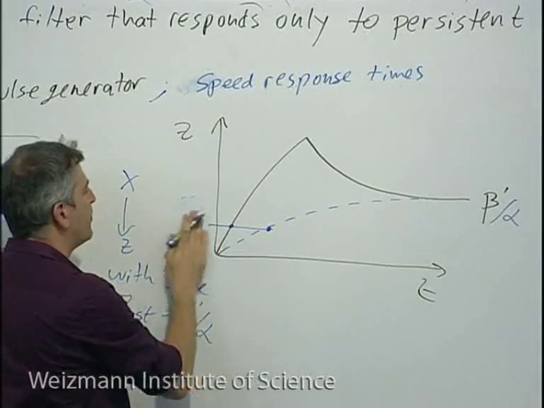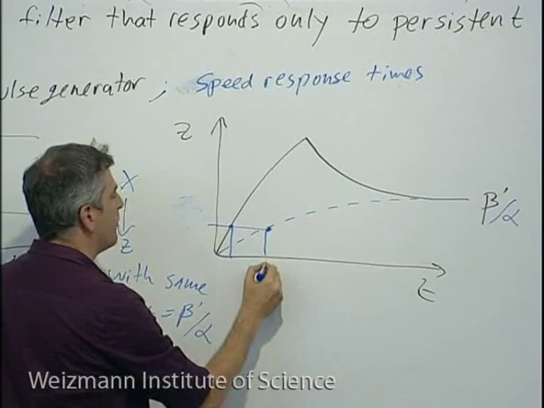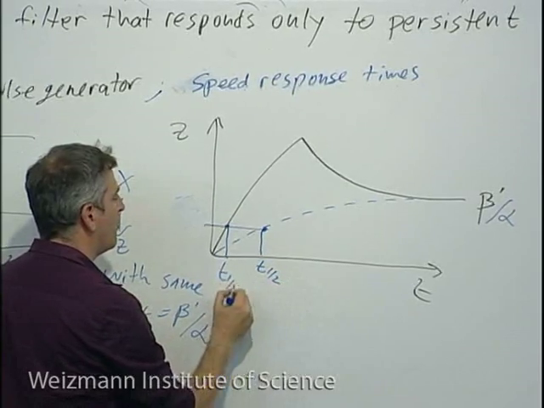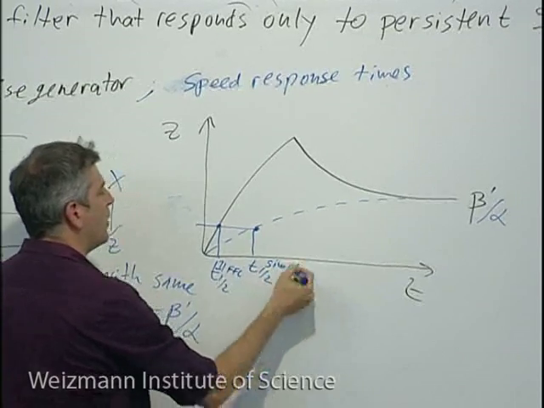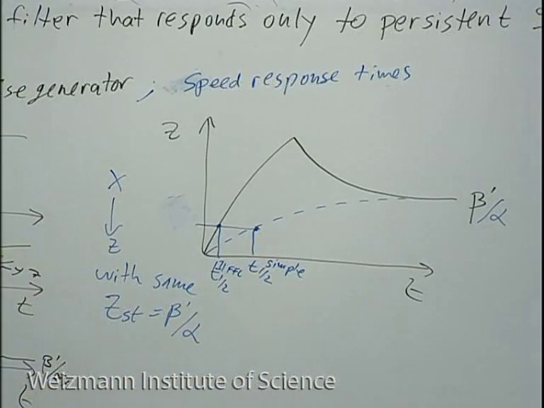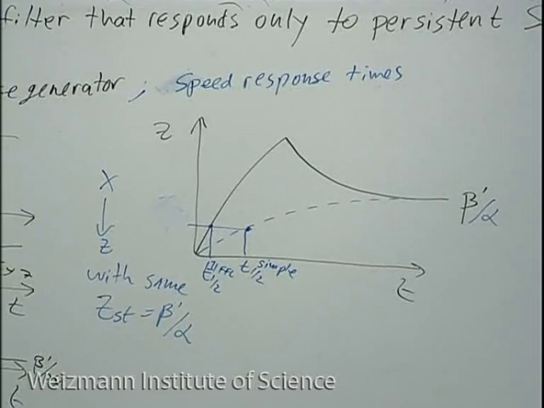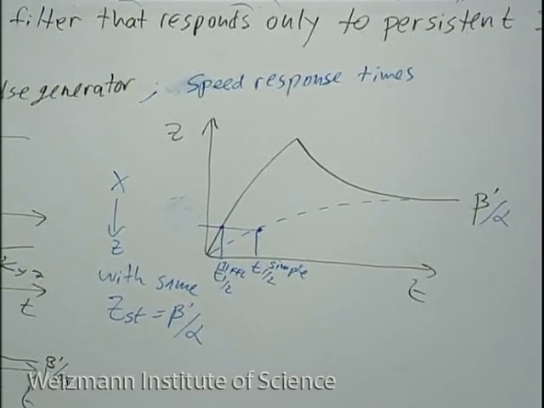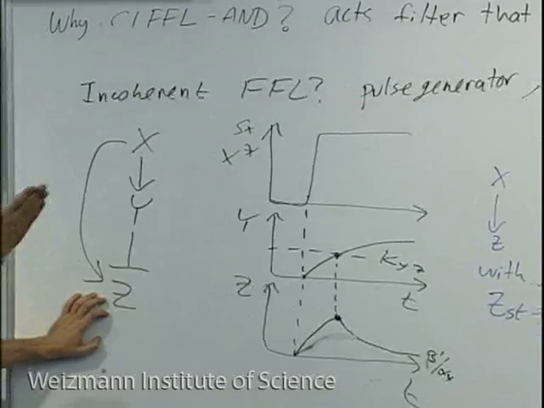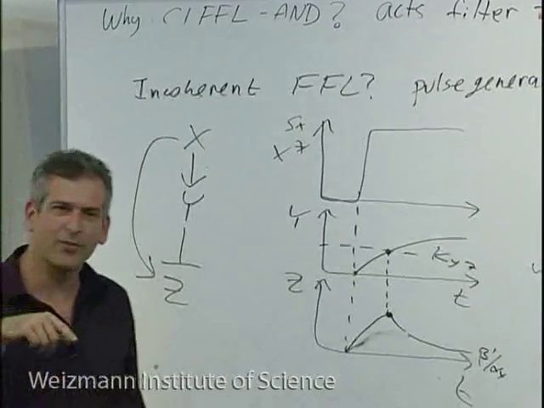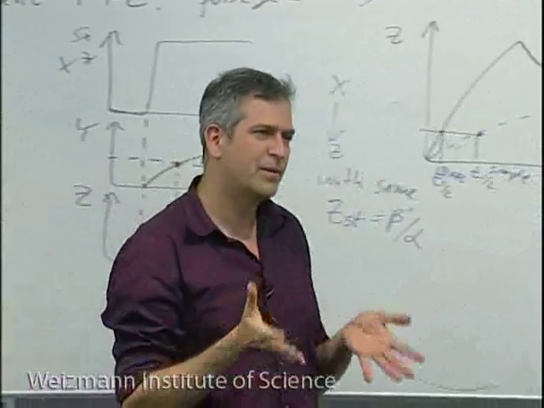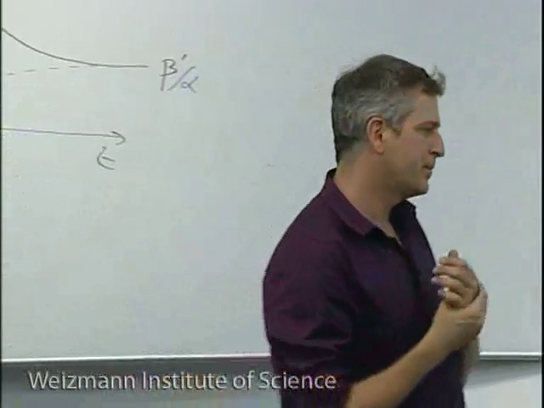Our halfway point is shorter with the incoherent type 1 feed-forward loop. Why is that, just intuitively? You can have a very strong production rate, and then after a while, you stop it. It's similar to negative autoregulation, but it's a different circuit. It's a very good way to make pulses.